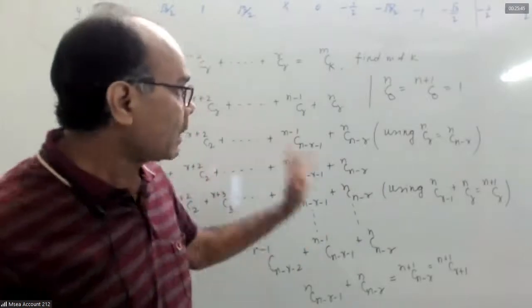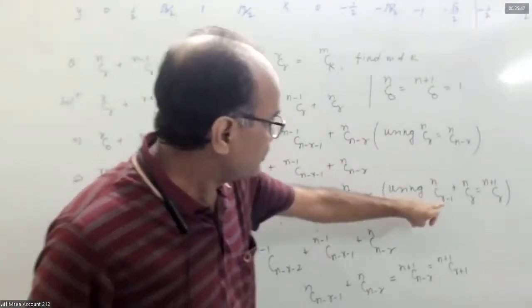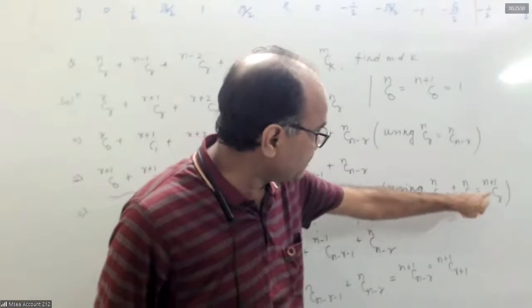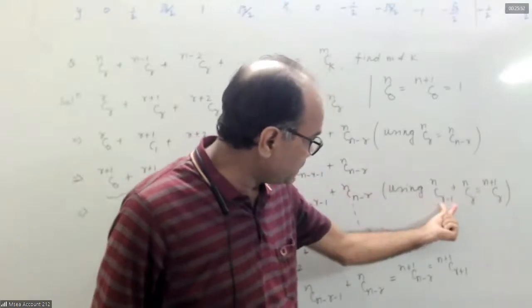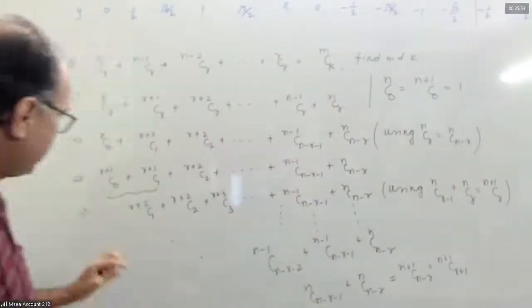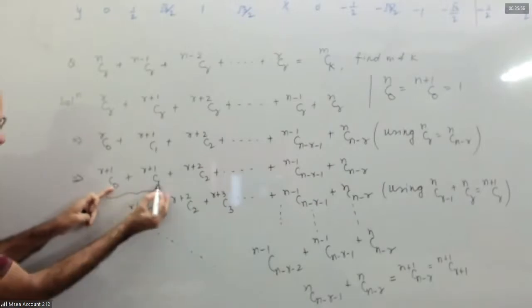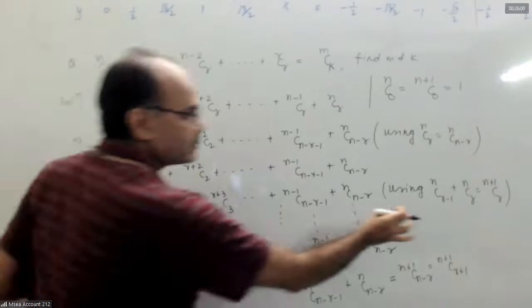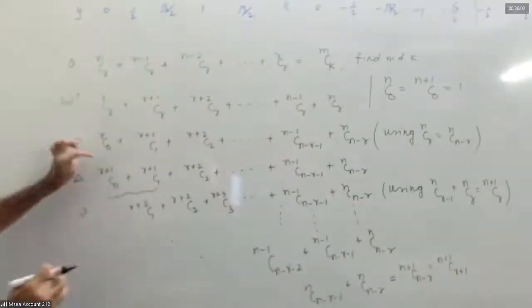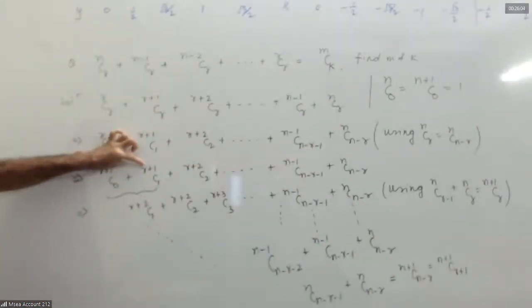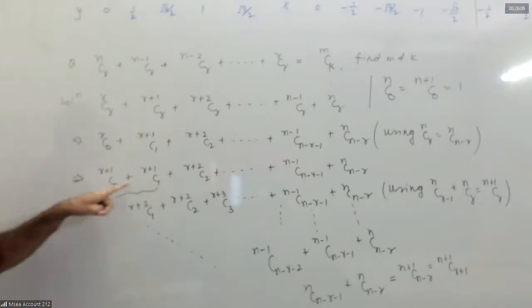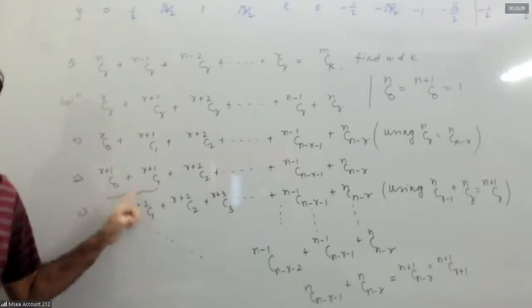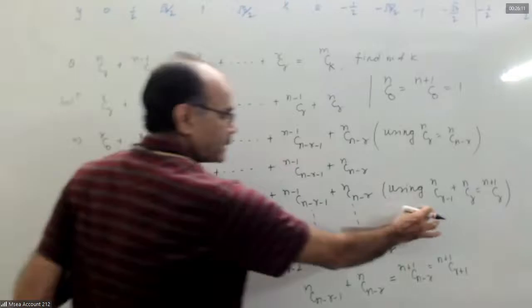Now, this plus this is (n plus 1)Cr. This number is just 1 less than this. So here it is 0, here it is 1, only, and this number is same in both the cases. So only then we can use this result. If this superscript is same, subscript is 1 less than this. Just look at this result.